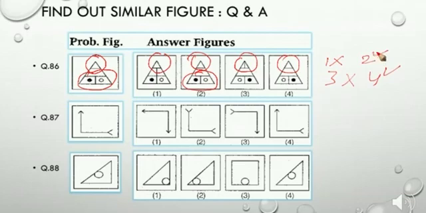So option 2 is the correct answer. Just for the sake of confirmation, let's check for option number 4. In option number 4, this portion is not matching because the places for the circle and dot have been interchanged. So option 2 is the correct answer.